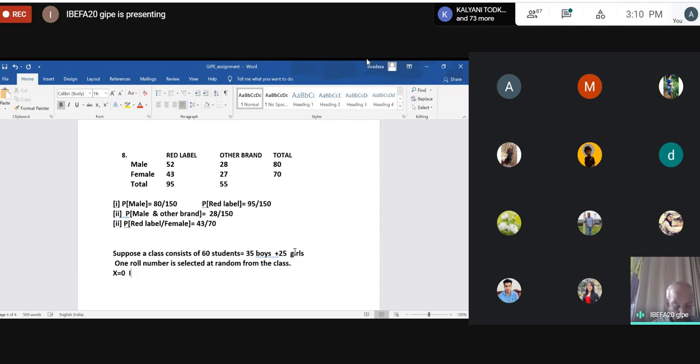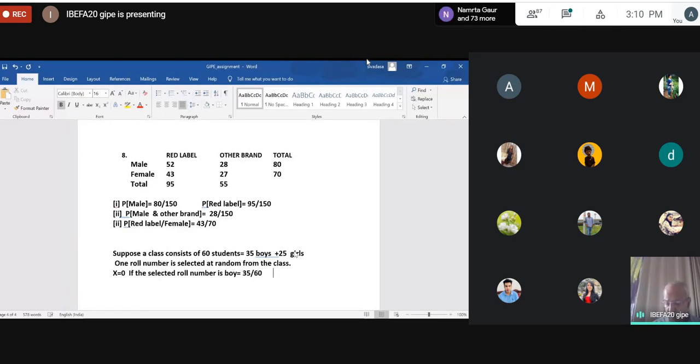If the selected roll number is boy, we denote it by 0, which means it has certain probability. 35 upon 60 is the probability for that.